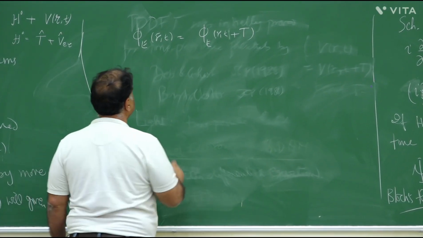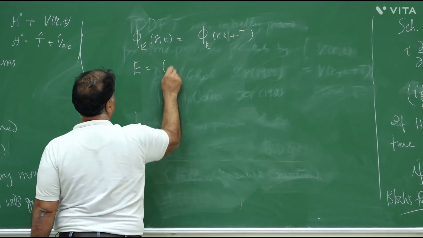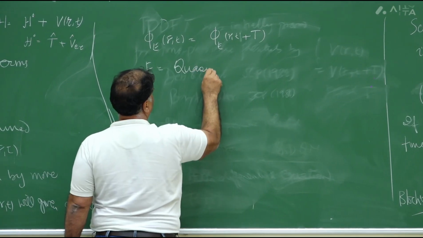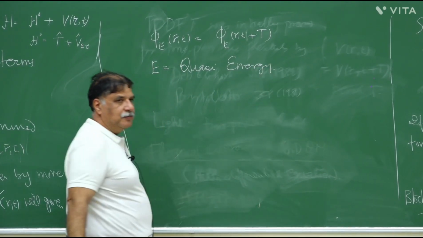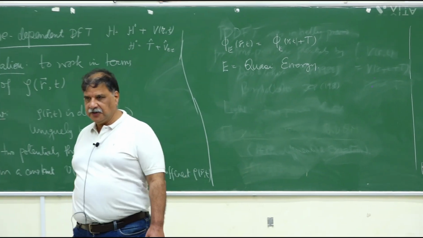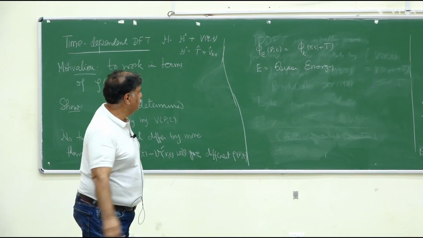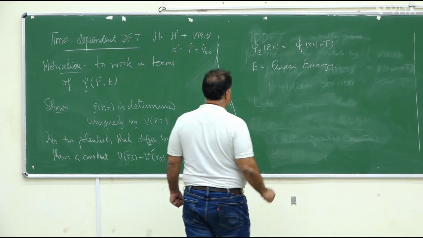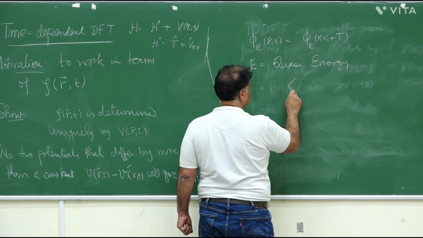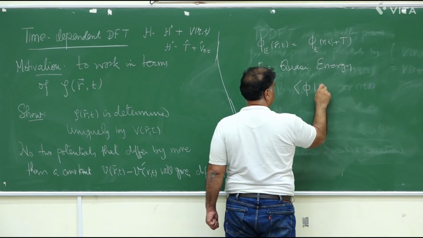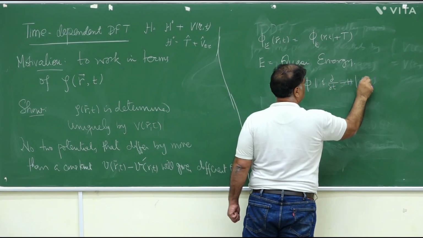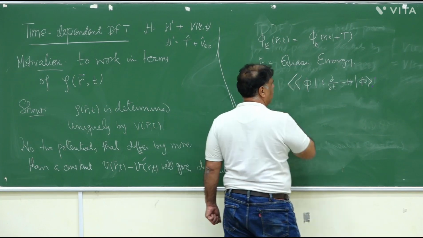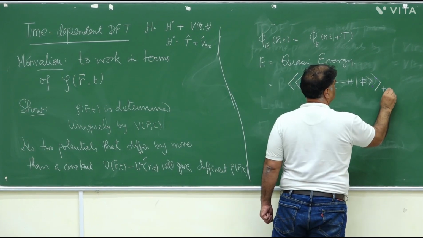and epsilon is known as the quasi-energy, because it is a time-dependent system, so it cannot be the energy, but it's a sort of average energy. This is the expectation value with respect to phi of i d/dt minus H, and then I'll put a double bracket, we also do a time average.